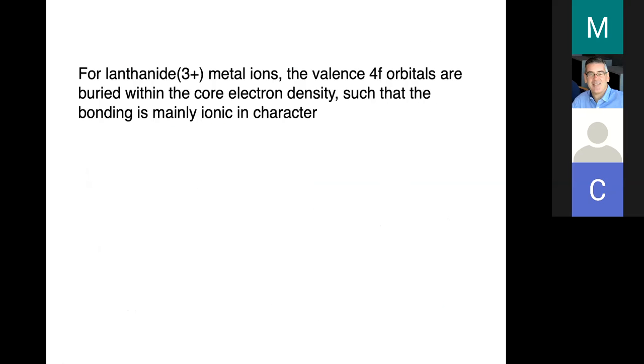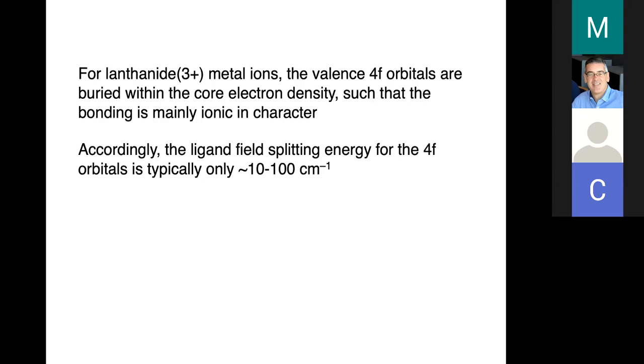Okay, so just to summarize some of these points, for lanthanide 3+ metal ions, the valence 4f orbitals are buried within the core electron density, such that the bonding is mainly ionic in character. And that has other consequences for the spectral properties and magnetic properties of the lanthanides. As a result, unlike the transition metals, lanthanide metals have extremely small ligand field splitting energies, right?